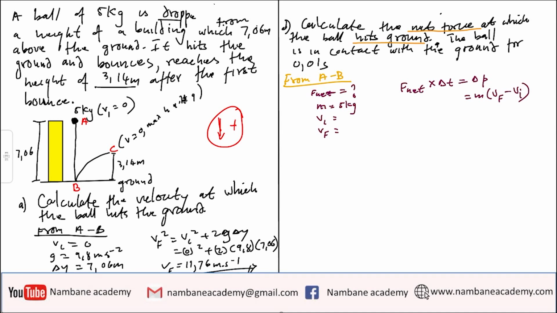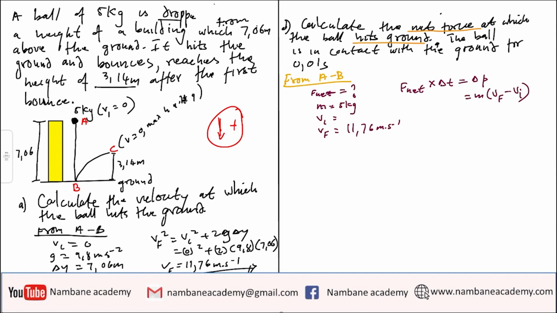The V final, according to the calculations, was 11.76. Was it 7 point something, or was it 11? Yes, sir. V final was 11.76 meters per second.